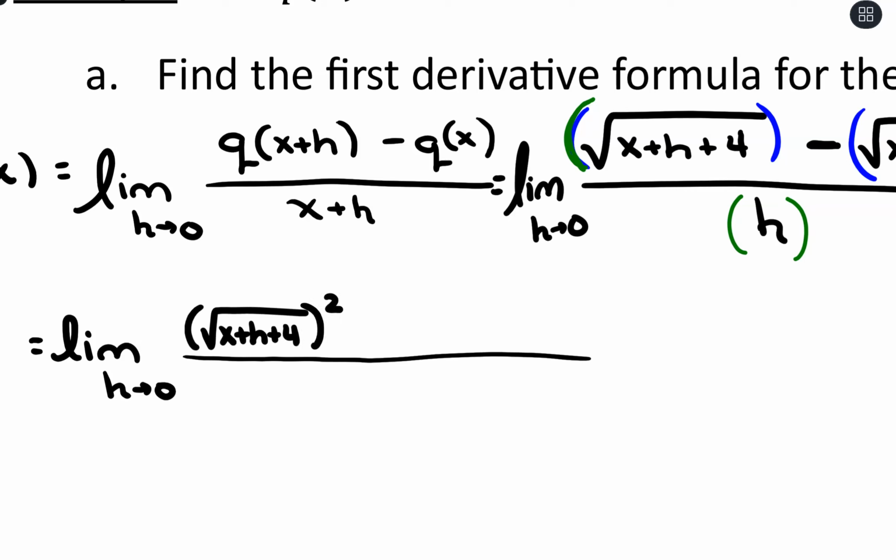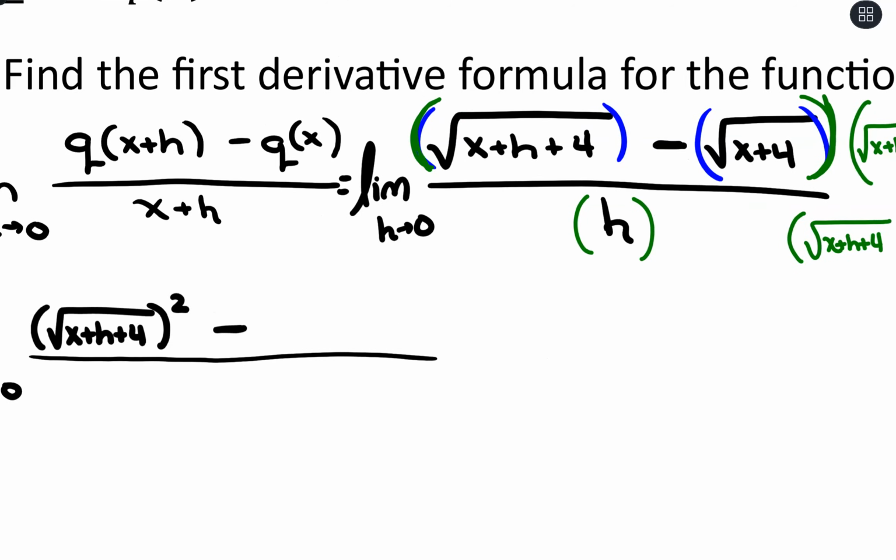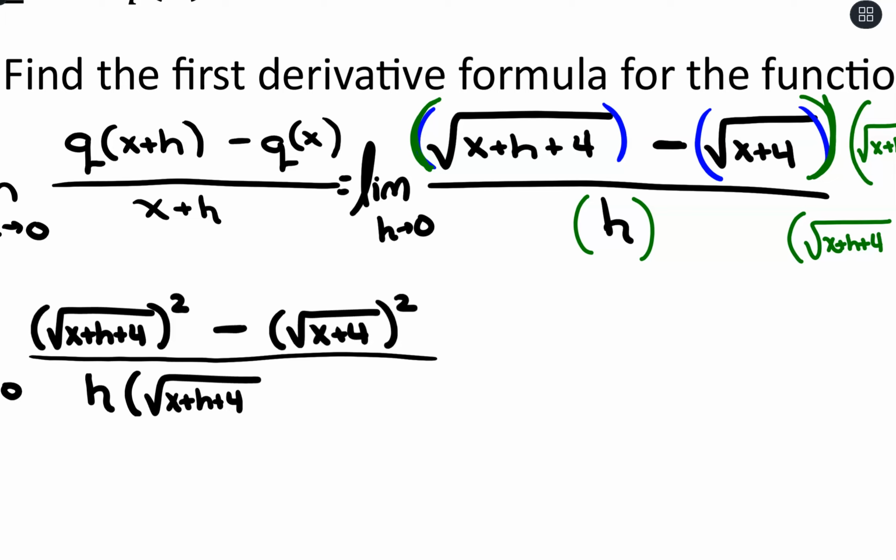We would be multiplying that with itself, and then minus, and we would lose those middle terms, and all we'd have left over is that root x plus 4 also squared. So this is kind of our reverse difference of squares for factoring. It's kind of multiplying it out, has us end up with the difference of squares. And then the denominator, I'm going to have root x plus h plus 4 plus root x plus 4.